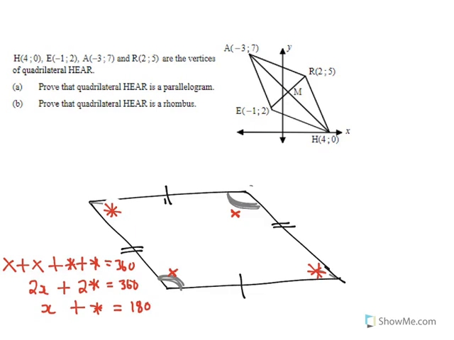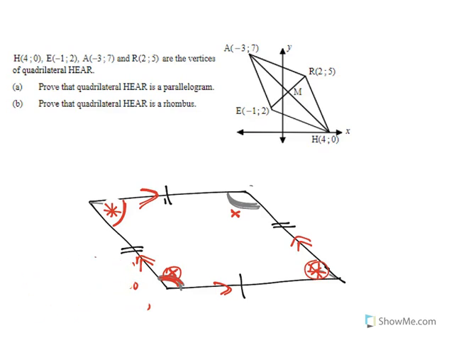And so that means that the co-interior angles add up to 180, which means that these lines must be parallel. If x and star add up to 180, then the co-interior angles are supplementary, which means that the lines are parallel. And the same would be true of these 2 lines, because x and star, the co-interior angles there, are supplementary. So now I've shown that my 2 sets of sides are parallel.